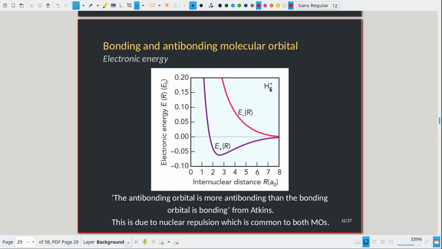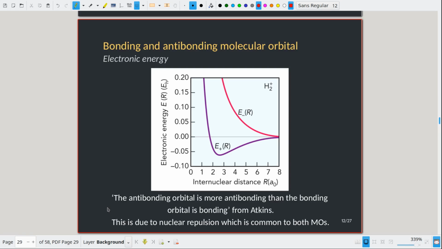It's important to point out that in the case of the antibonding molecular orbital, the molecule is less stable than the two atoms apart. Another thing that's important to point out, to go with Atkins' words, is that the antibonding orbital is more antibonding than the bonding orbital is bonding.